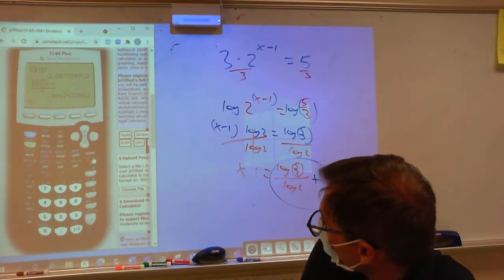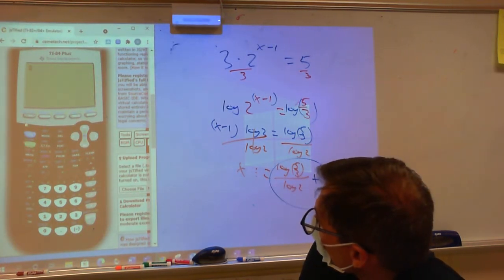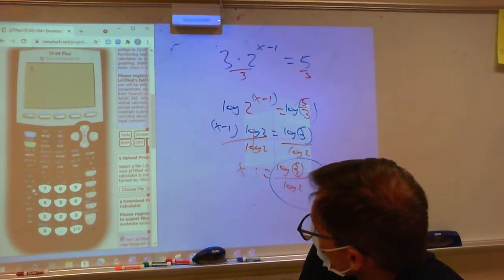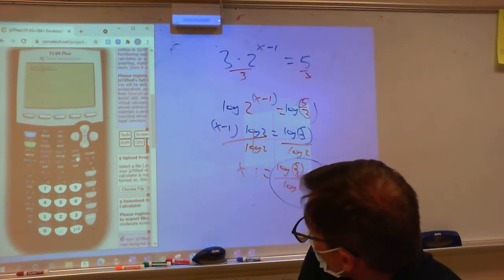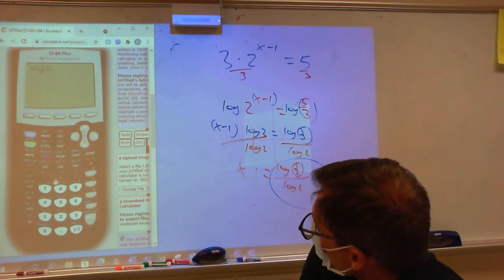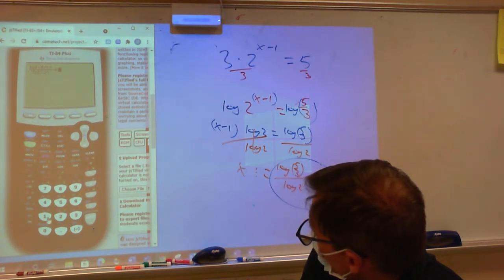But let's see what happens. So it looks like I want to make a fraction, so I hit alpha of y equals, and this is going to give me log of 5 divided by 3, and I'm going to divide it by log of 2. Make sure I'm off to the side and hit plus 1.